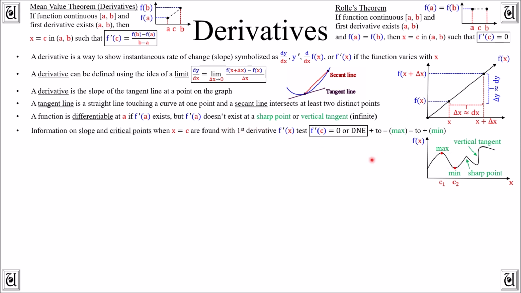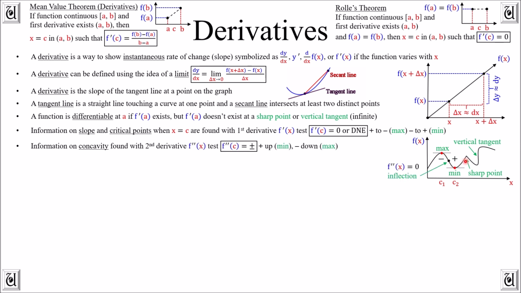And so this is really awesome. We can do the first derivative test to find maximum and minimum points. And we can also use the second derivative test. And this tells us about concavity. And so notice how there's a double prime here. And so when we look specifically at this critical point that we were looking at before, well, if we have a minimum, it's going to be concave up.